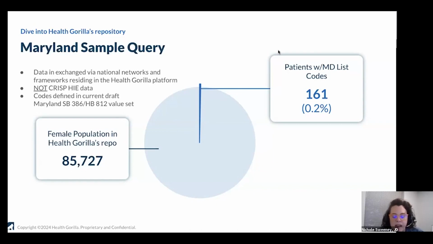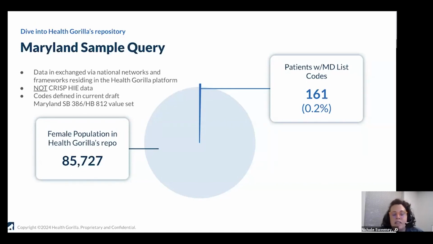So again, this is another place where these code sets are incredibly valuable from my perspective, in that if you have a code set to begin with, you can run some analytics to say, all right, if we use all of these codes in this set, how many folks would that impact versus if we use this more targeted set that's just related to elective terminations versus this set. So again, this is just an example. I think one of the things that we wanted to be able to show here today is that this is doable.